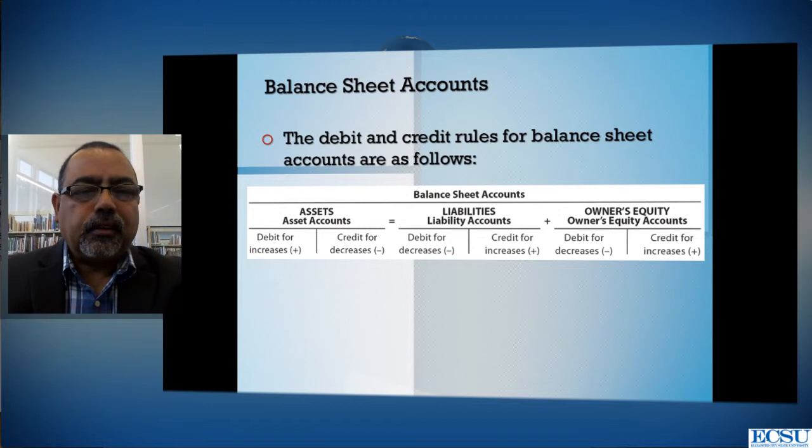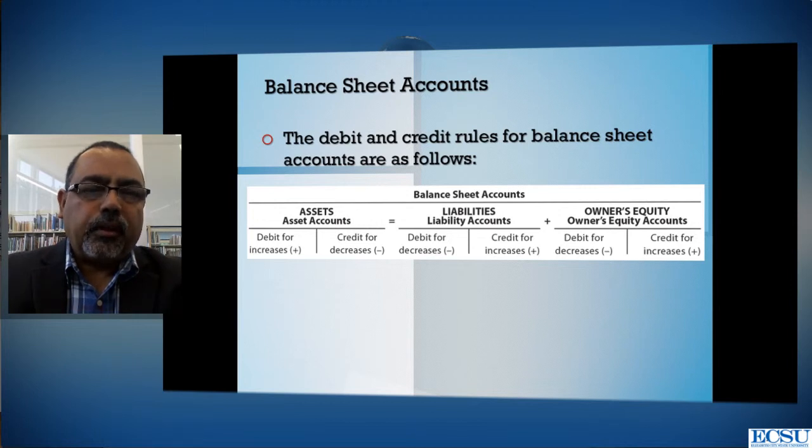And then I ask the next question, for what did I receive the cash? Supposing I received it because the owner gave me, then the owner's capital account is to be credited. So now that's how you have to understand. Each and every transaction will have 2 sides, a debit and a credit side.